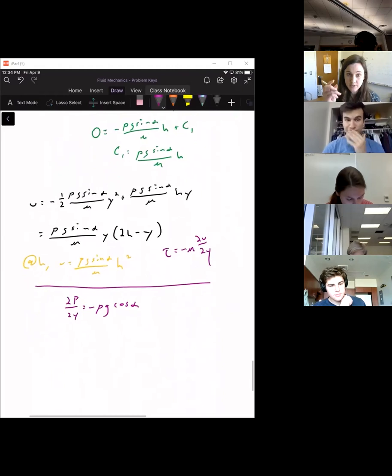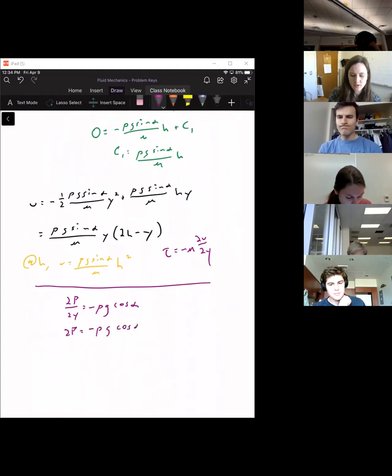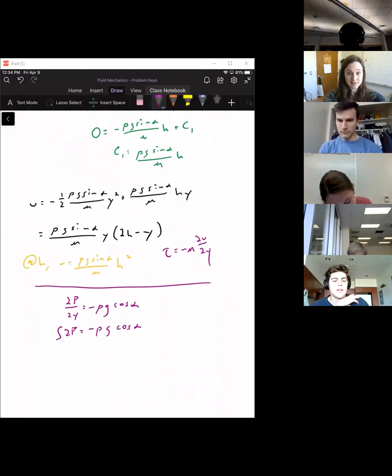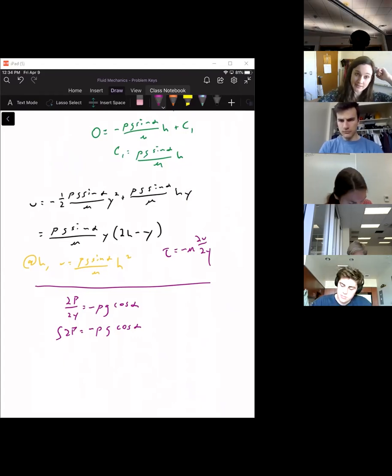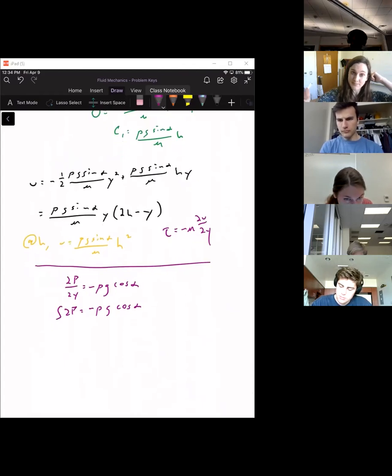Okay, and so then what you would do is you would separate. So it changes in the y direction. It just doesn't have any effect on the velocity, which you can tell by the fact that it disappears from the x component by the way the rest of the Navier-Stokes simplified out.